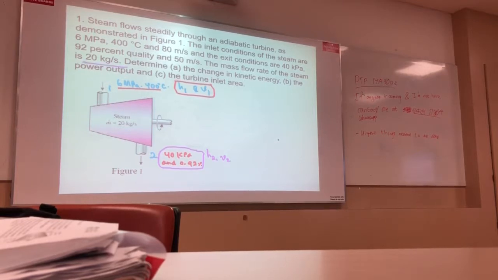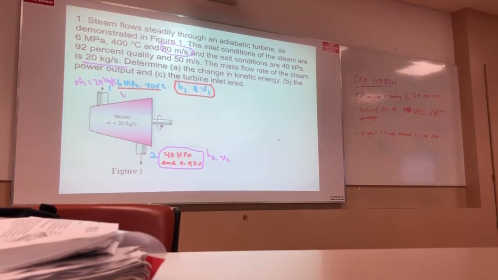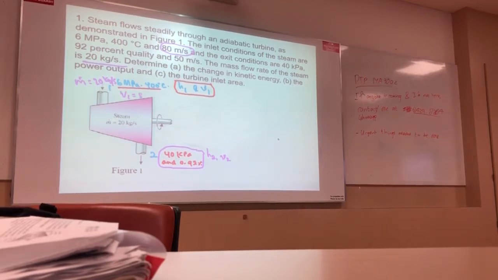That means mass flow rate at inlet is 20 kilogram per second, at outlet also 20 kilogram per second. And they also tell you the velocity V1 at inlet is 80 meter per second, and V2 at outlet is 50 meter per second.